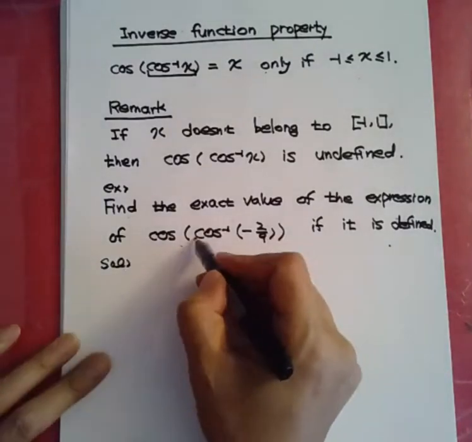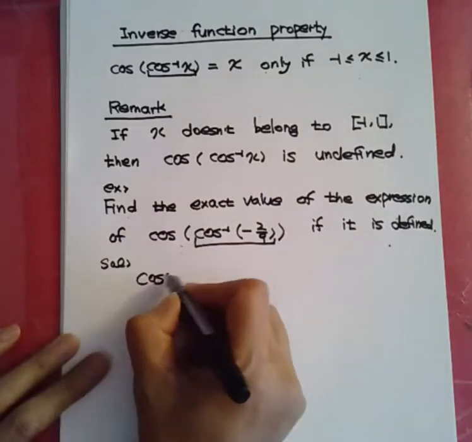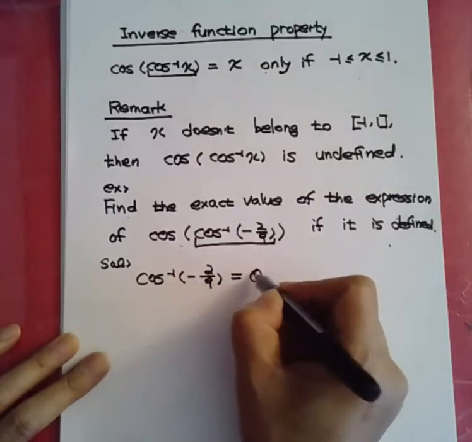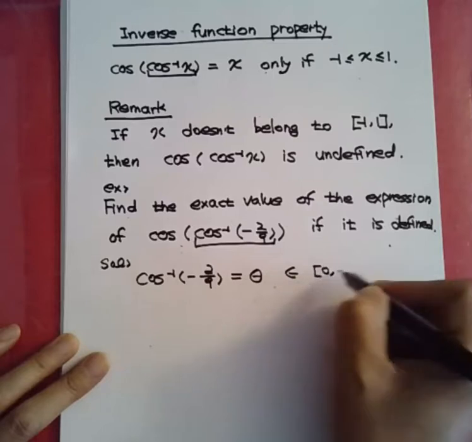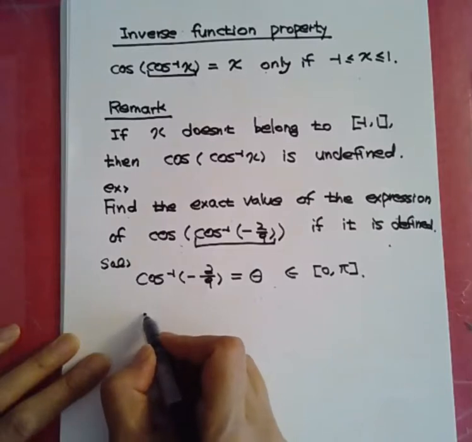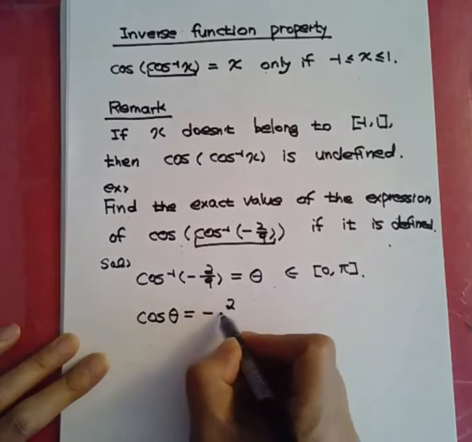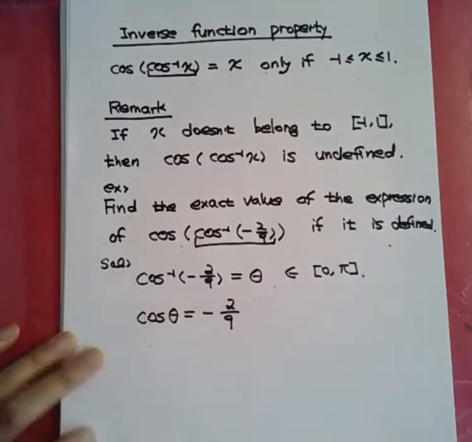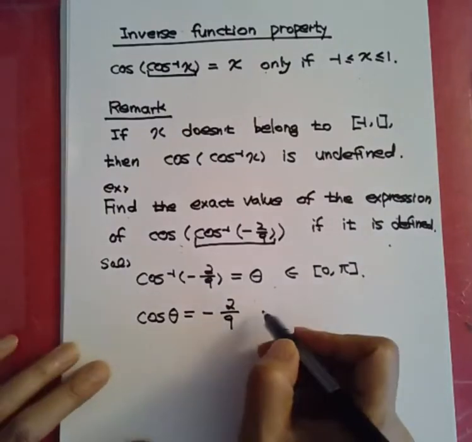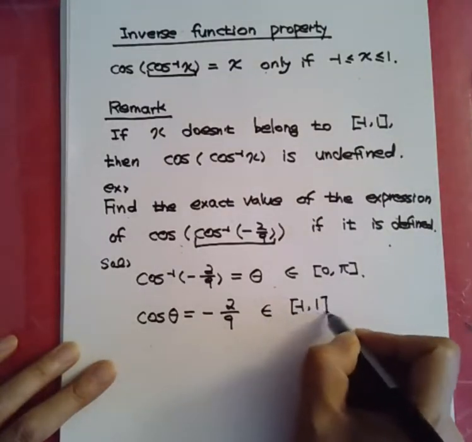We will handle the inner part first. Cosine inverse of -2/9 is the angle between 0 and pi. That means cosine of theta is -2/9. This is a cosine value. Apparently, that value is a number between -1 and 1.